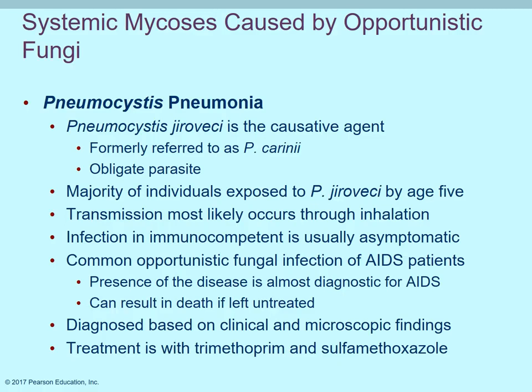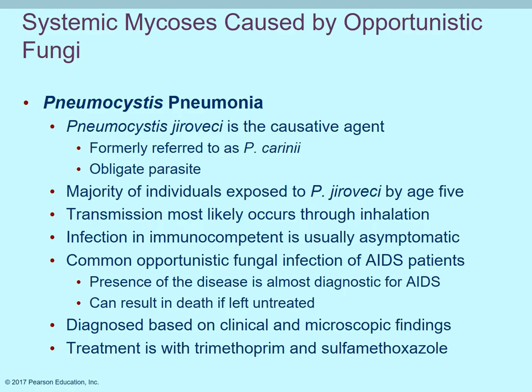This happened to be one of the telling things that helped us in the identification of the HIV virus as a causative agent associated with AIDS patients: we were noticing a lot of secondary infections. A lot of these patients were developing pneumonia caused by Pneumocystis carinii, which is now renamed Pneumocystis jirovecii.